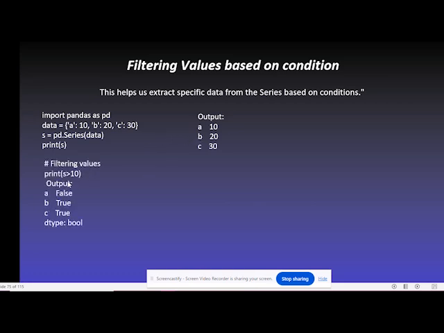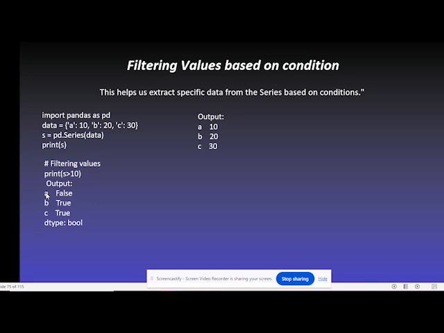What will happen? This will be checked with each value in the series. First one, this is the first value of S, 10. 10 greater than 10. Is it true? No, it is false. So at that index, false will be returned. Boolean values will be returned at each index. If the condition satisfies, then it will be true. If it does not satisfy, it will be false.